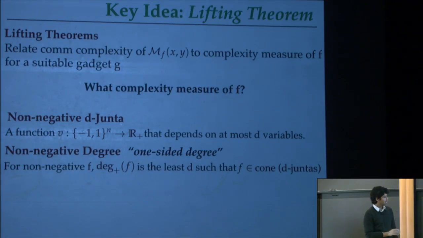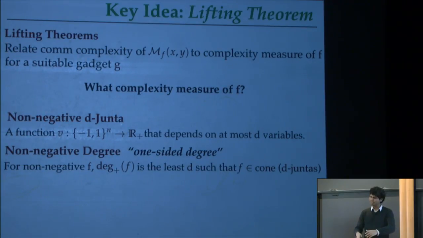If that looks somewhat weird, let me relate it to something that you are all aware of. I can define the polynomial degree of the function f as the least integer d such that f can be written as a linear combination of d-juntas, because the monomial functions of length d are just juntas. So in particular, the polynomial degree relates to linear combinations of monomials.